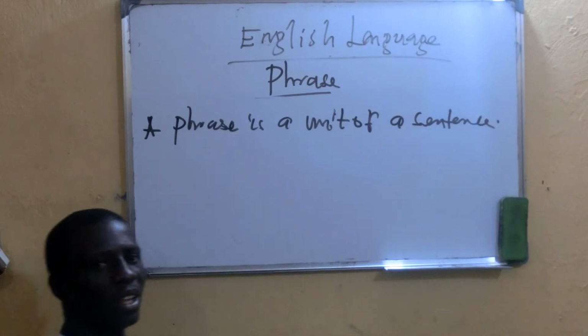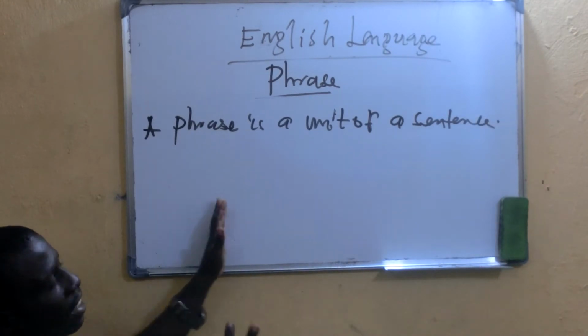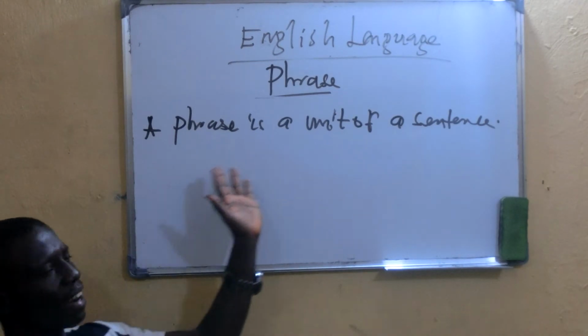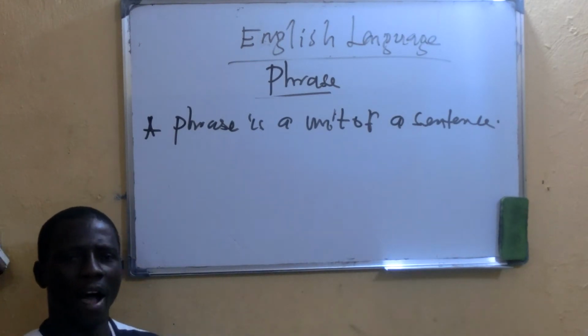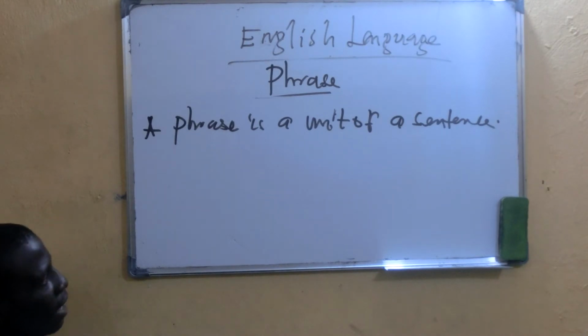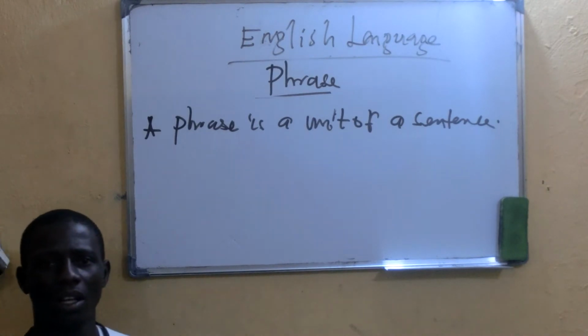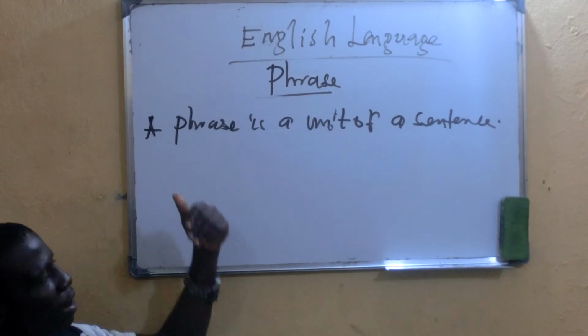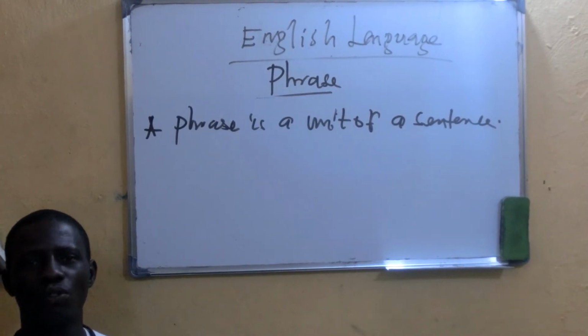So this simply means that within the content of a sentence, we can derive a phrase. And as a matter of fact, despite that they look down on the concept of phrase, it performs some grammatical functions.